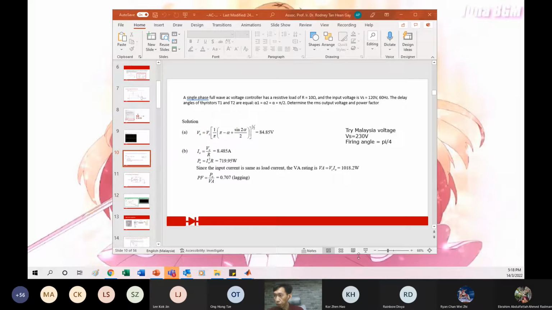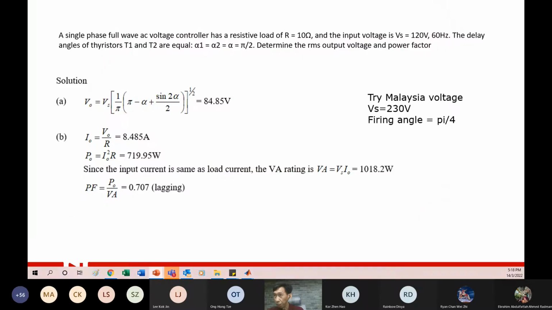Now we move on to one of the class examples. A full wave AC controller has a resistive load of 10 ohm. The input voltage is 120 V, 60 hertz. This one is from the textbook, and the textbook is American written, so they follow American.